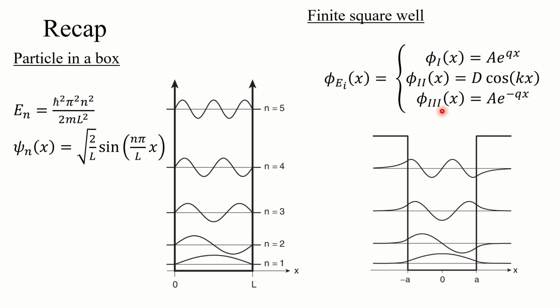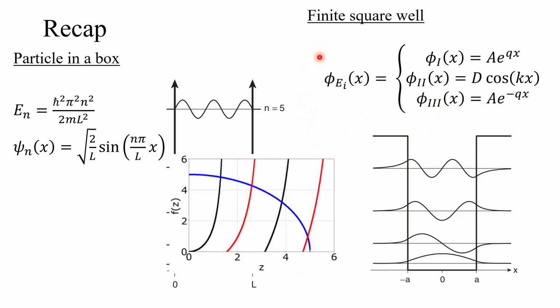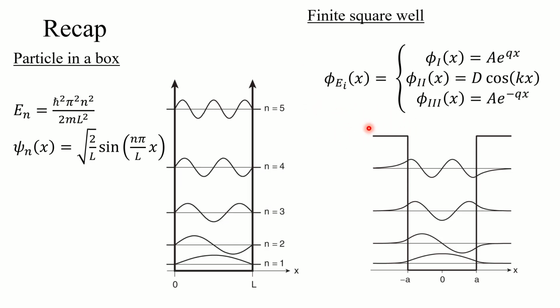We didn't get an analytical solution for the energies in this case because we couldn't solve it analytically. We had to use the graphical solution. But we were able to do this depending on how large the potential was and how wide our well was. We could change those things. As we lowered the potential and made the well smaller and smaller, we would lose some of these energy levels, right?